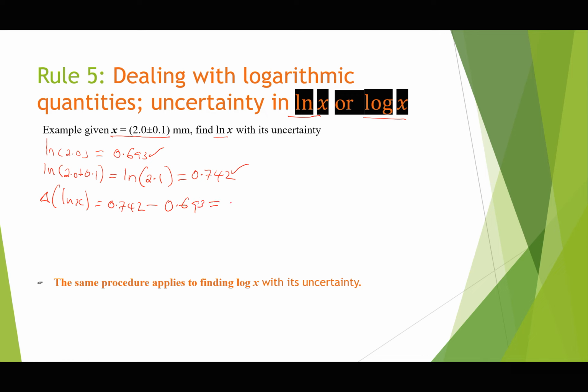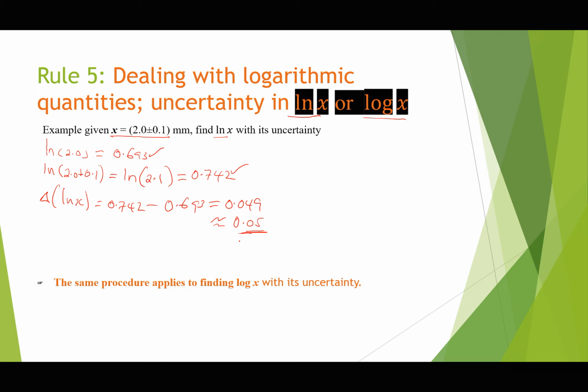And when you subtract, this gives you 0.049, which is approximately 0.05, because uncertainties are good enough to one significant figure. But then when you write this to one significant figure, you come up with two decimal places.